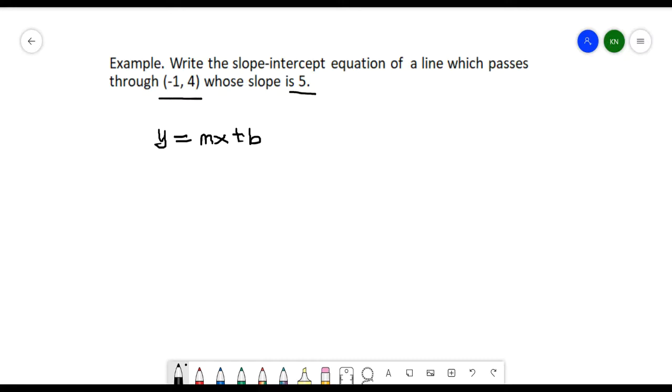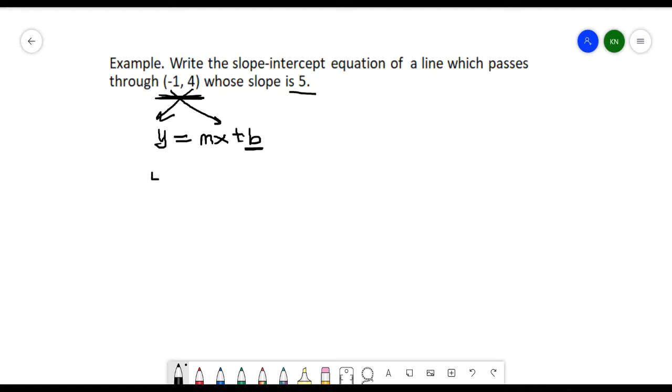We can just solve for the value of b by substituting all the values that we have into our equation. So 4 will be substituted to y, and -1 will be substituted to our x, so that we can isolate the value of b.